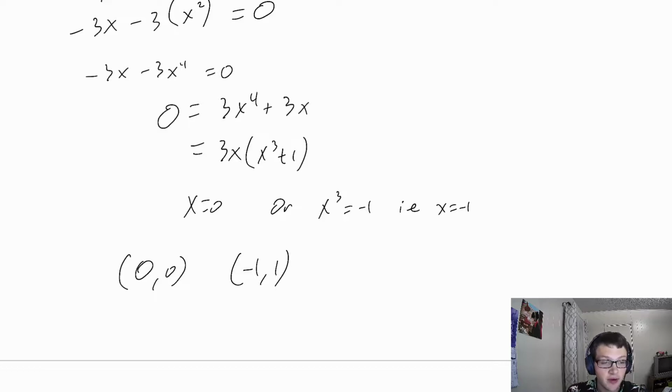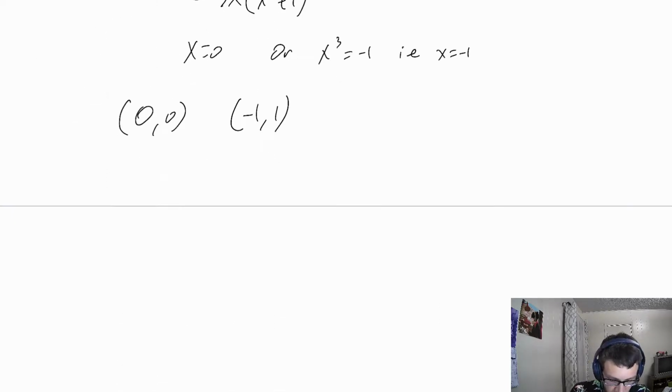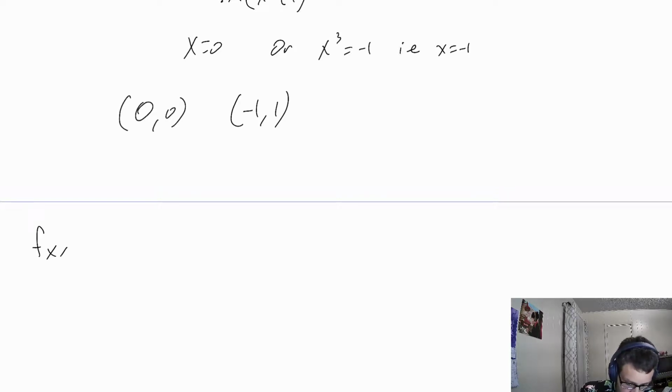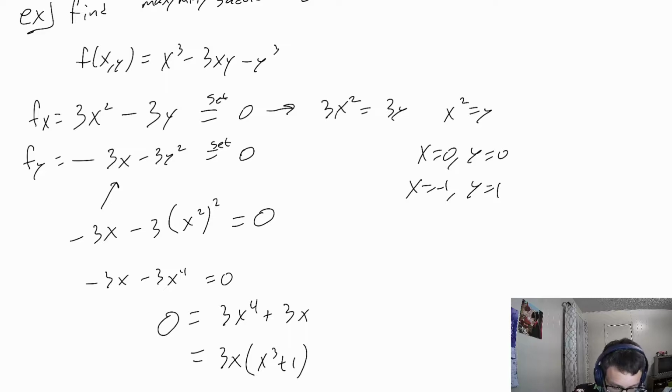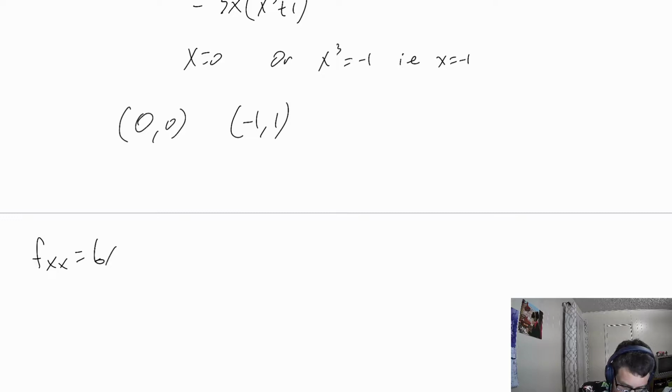Now we need to figure out if we have maximums or minimums here. And in order to do that, we need our 4 second partial derivatives. So to find fxx, we're going to take the derivative of fx with respect to x. Going term by term, this one goes to 6x.